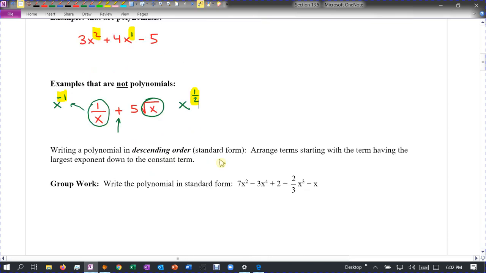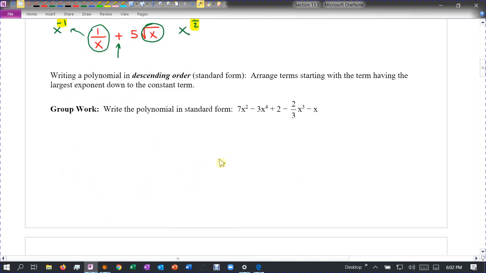Now, anytime we are given a polynomial, we want to try and write them in what's called descending order. And that means you want to write it from the highest power of the variable down. So for this example, the highest power of x that I see is the 4th power. So we'd want to write that term first, negative 3x to the 4th. Now the next highest power I see is x cubed, so we're going to want to write that term down next.